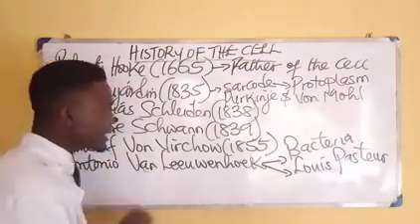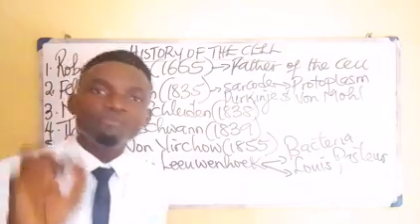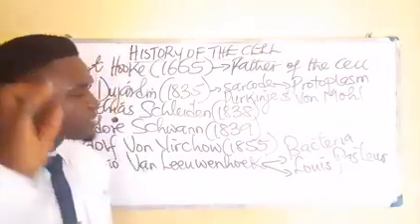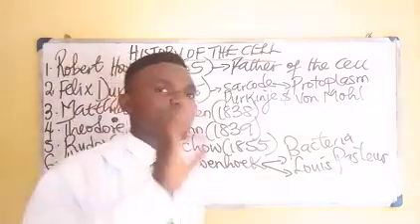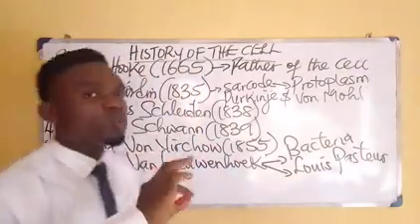And it was this man that first observed movements in the cell. The first scientist that observed movement in the cell was Antonio van Leeuwenhoek.